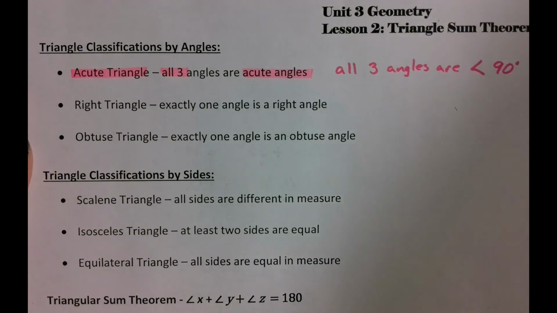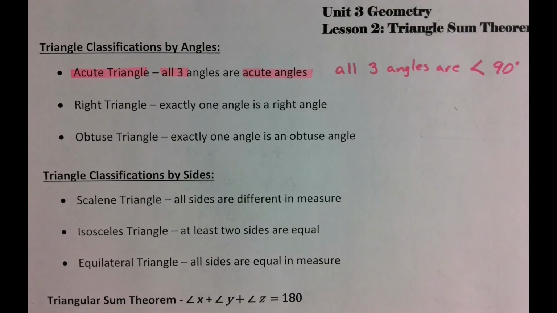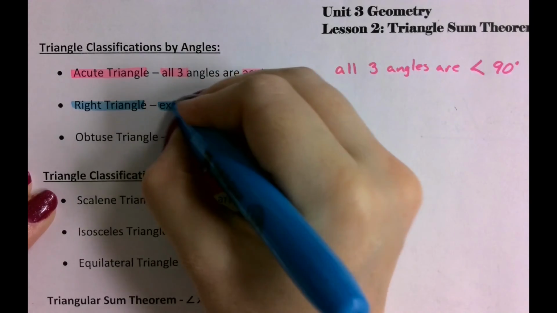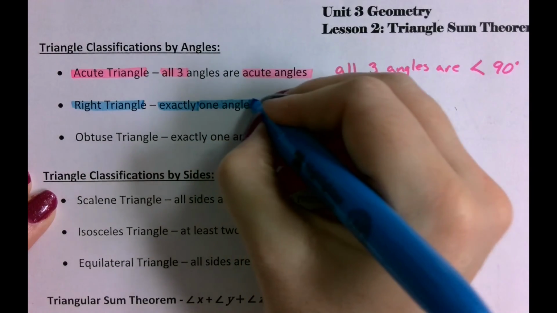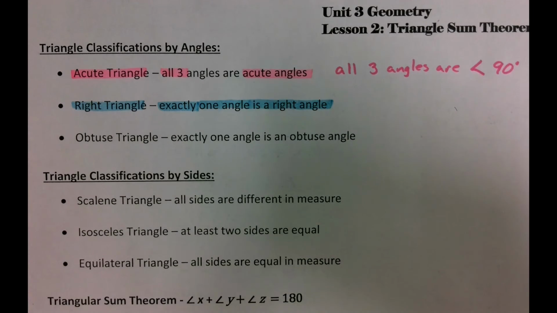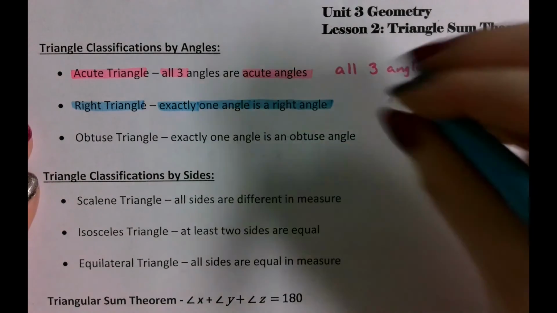Okay. If it is a right triangle, it has exactly one angle that is a right angle. Exactly one right angle. What's a right angle? 90 degrees. Okay?